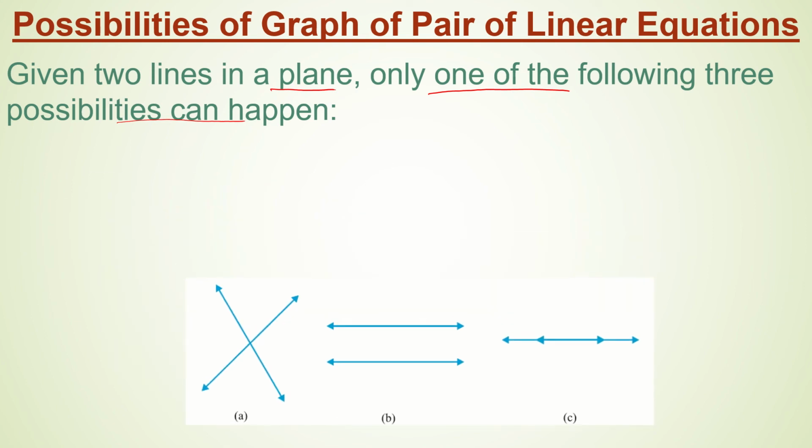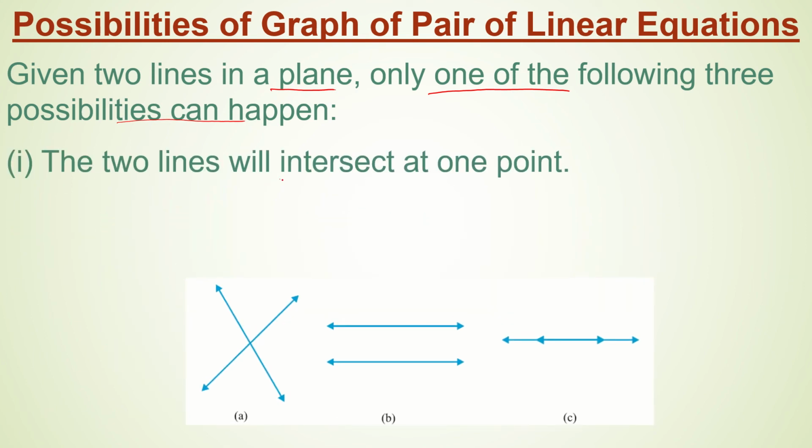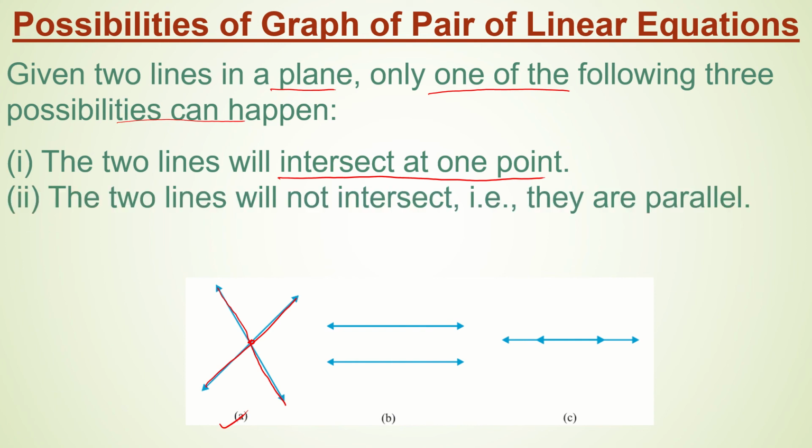First is the two lines will intersect each other at one point. This is the first possibility. There are two lines which are intersecting each other at one point on the graph paper. Second possibility is that the two lines will not intersect, that means they will be parallel.